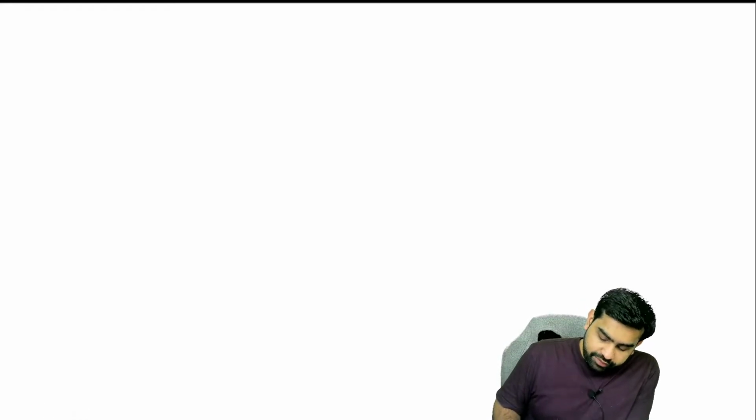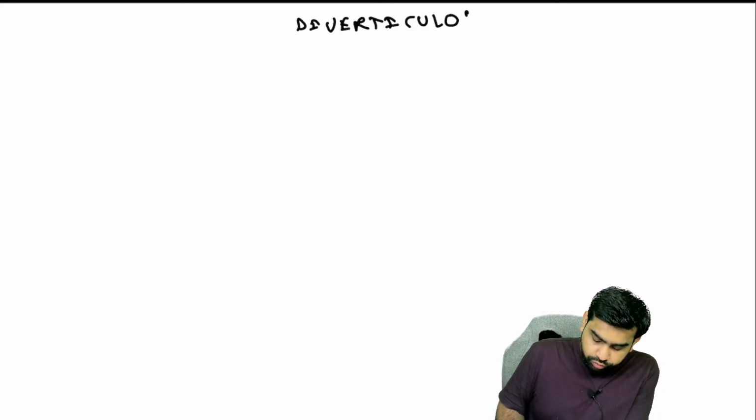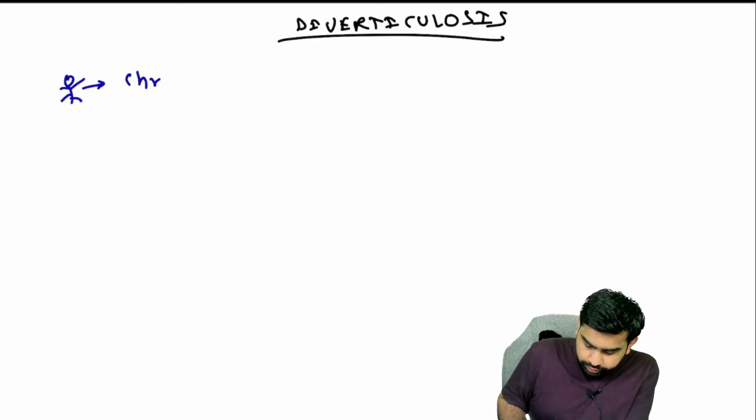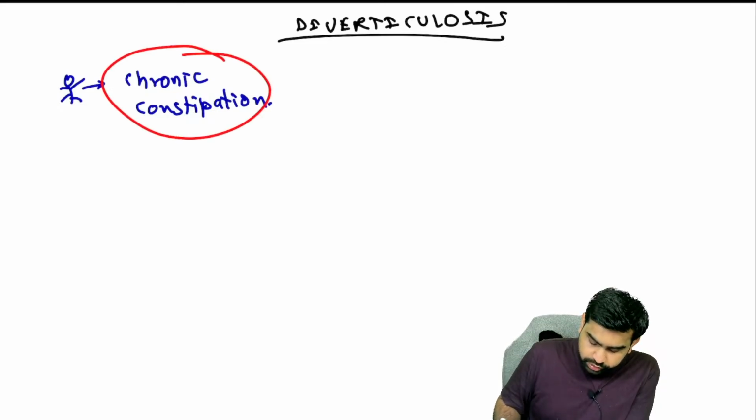Right, so let's talk about diverticulosis and diverticulitis. What you need to understand is that if there is a patient who has had chronic constipation, what is going to happen?